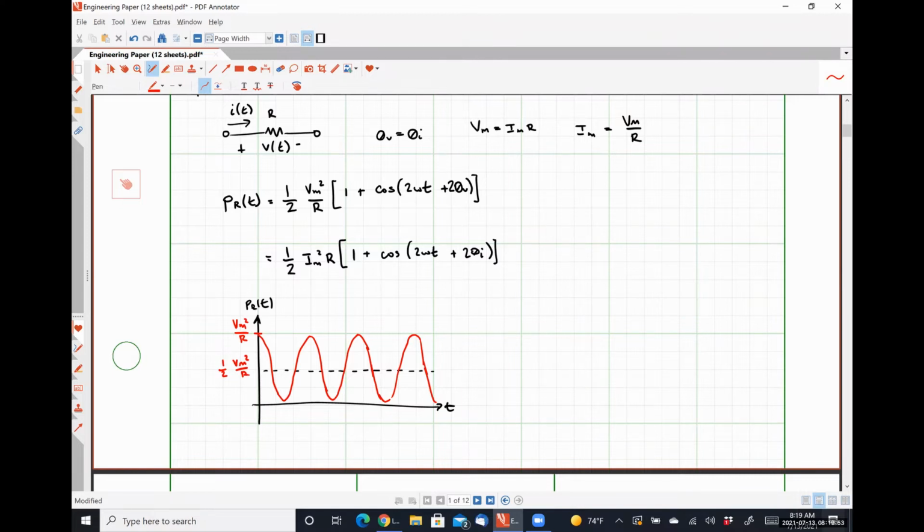So exactly half of the time it would be above 1/2 Vm squared over R, having a peak value of Vm squared over R, and exactly half of the time it would be below. But we should observe that when our power waveform goes on its negative half cycle, so when it's decreasing, it never actually crosses the horizontal axis.